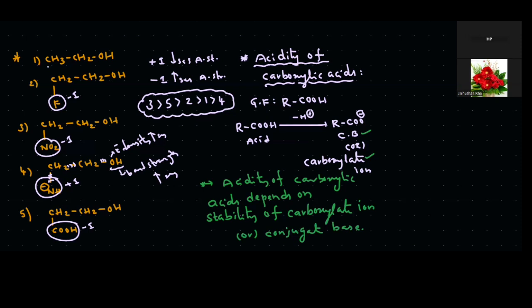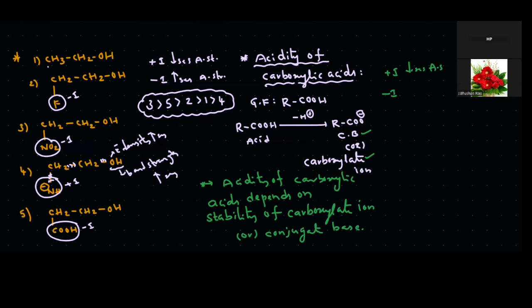Then based on this condition, if a releasing group is attached to the carboxylic acid, what happens? If a plus I group is attached, the acidic strength decreases. If a minus I group is attached to the carboxylic acid, it increases the acidic strength.